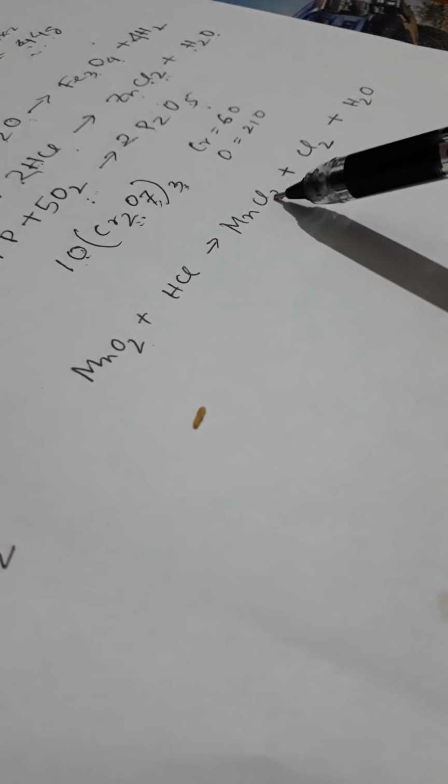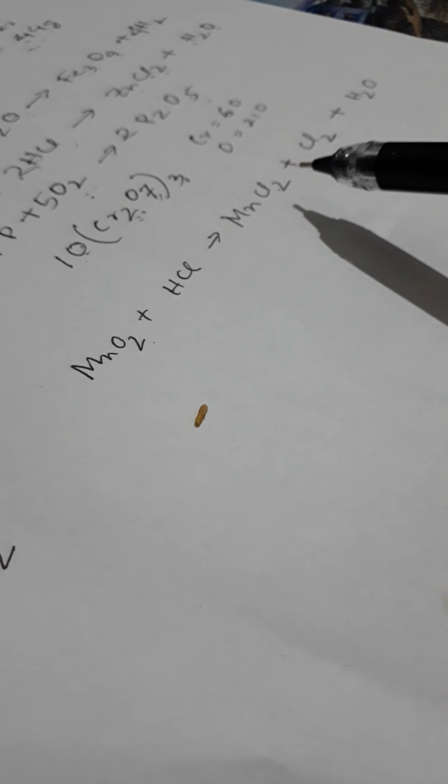So you always follow the hit and trial method by inspection. We have to see how many atoms are there on both sides, that means which atom is present in maximum number.